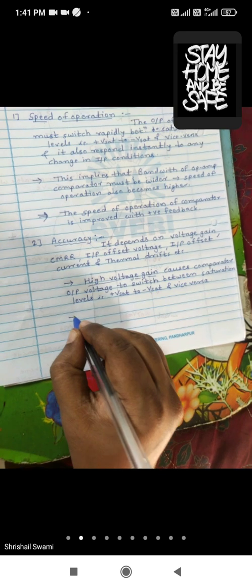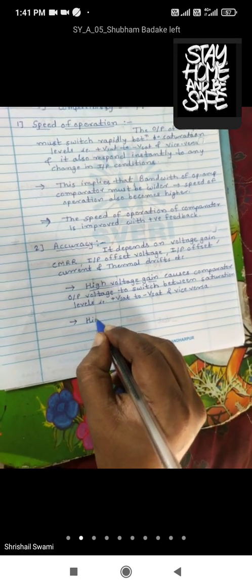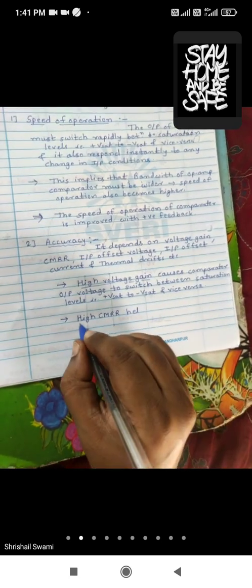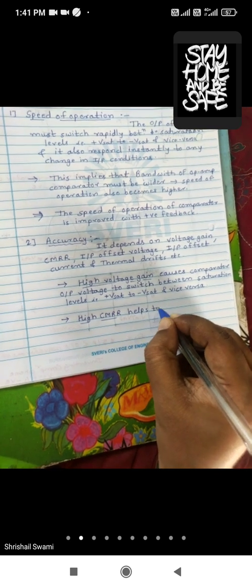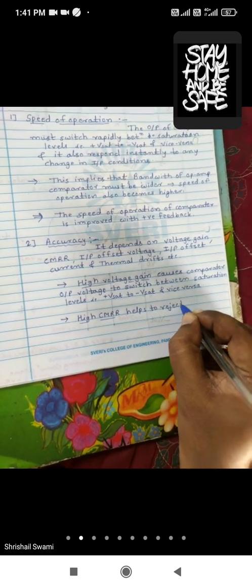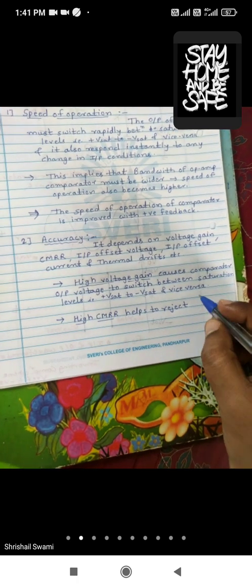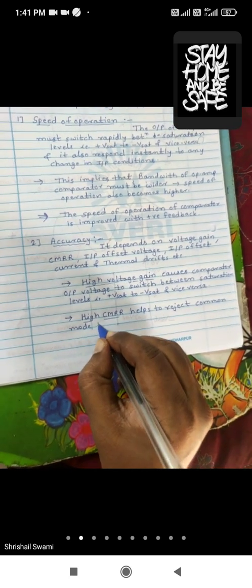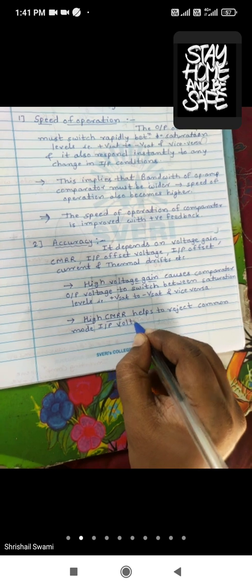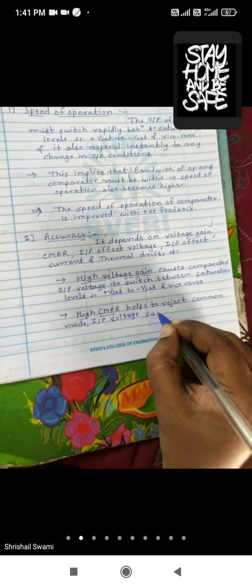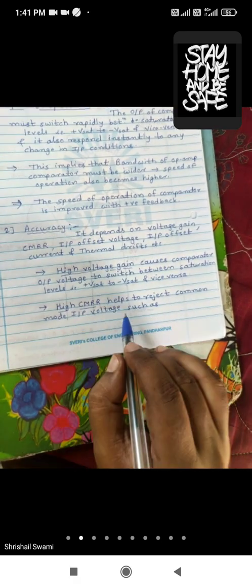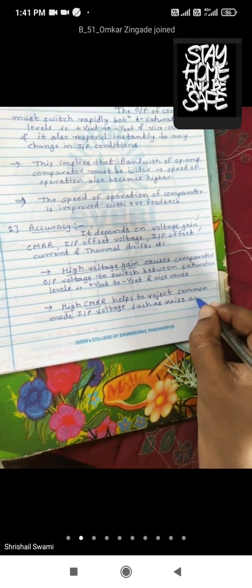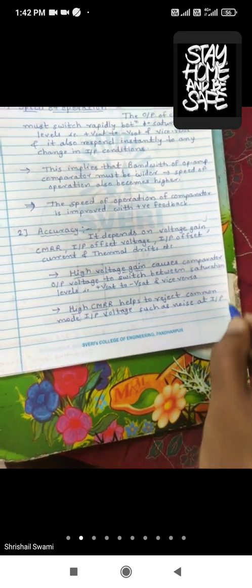Next one, if the CMRR is high, then high CMRR helps to reject the common mode input voltage such as noise which is present at the input terminal.